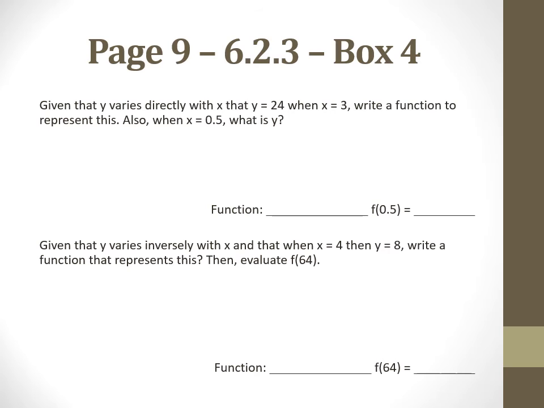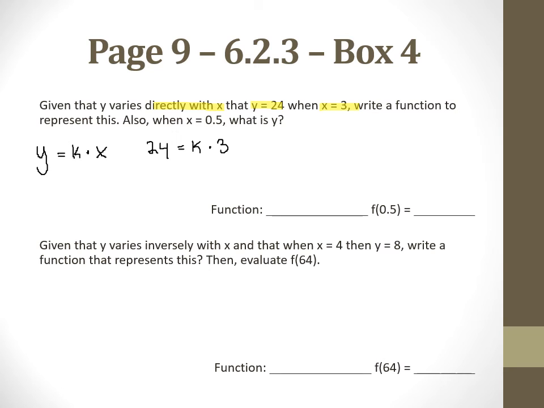We'll do two more examples here. First of all, we're given that y varies directly with x and that y is 24 when x is 3. So if I have direct variation, that has the form y equals k times x. Plugging in the x and y values that I'm given, I know that y is 24, and that's equal to k times the x value of 3.